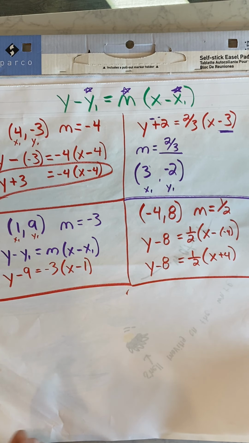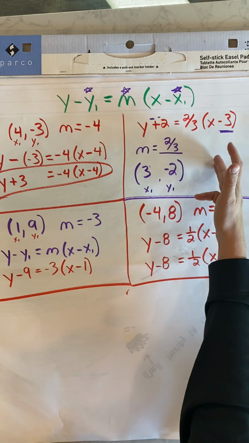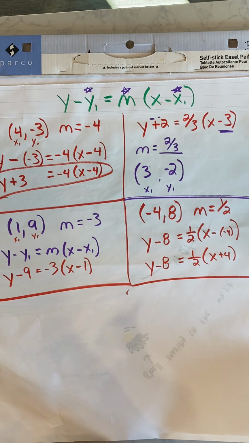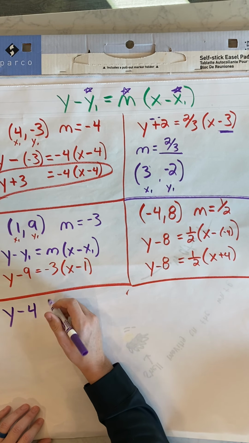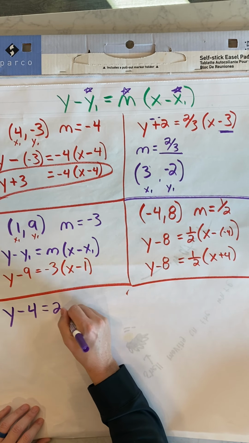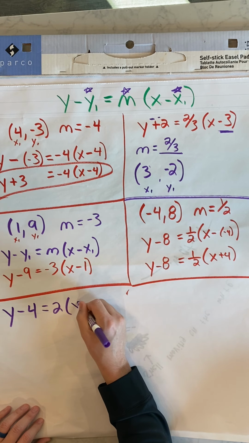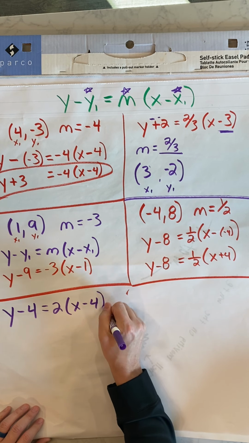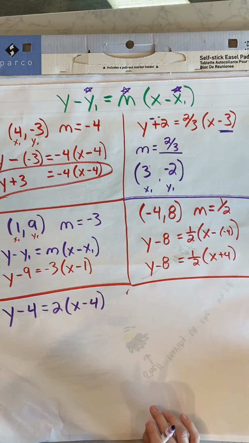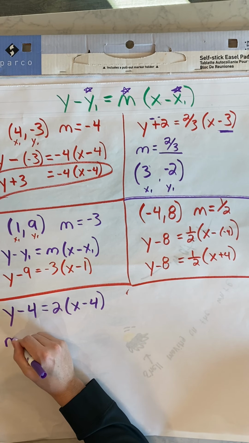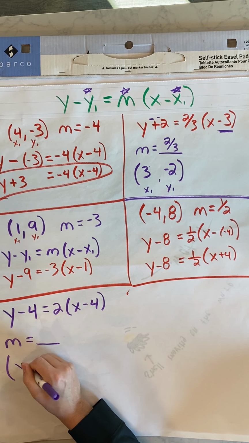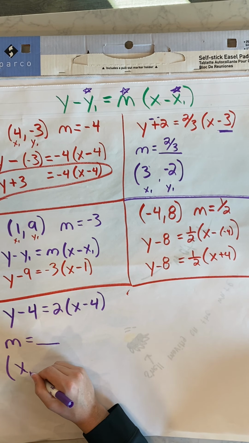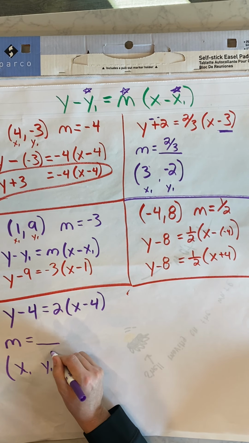Let's look at an example. We'll do a couple like this. If you were given this problem, y minus 4 equals 2 times the quantity x minus 4, I want you to identify the slope and what x1, y1 are.